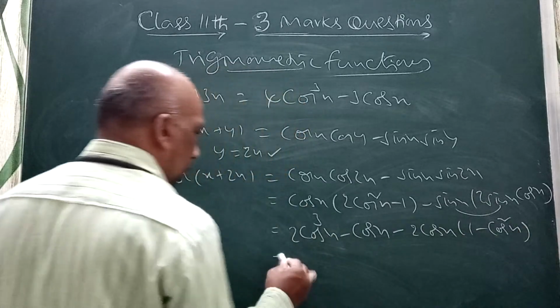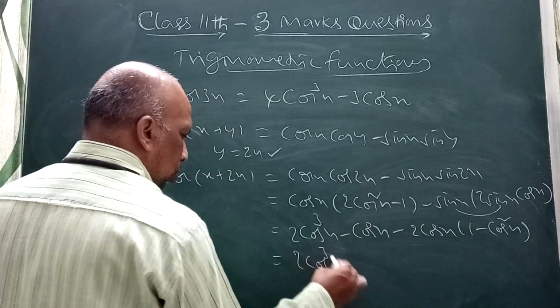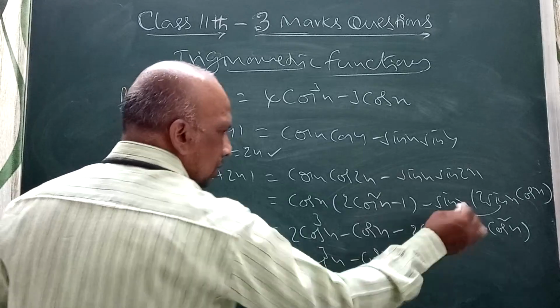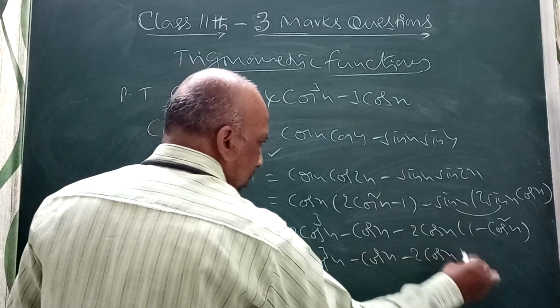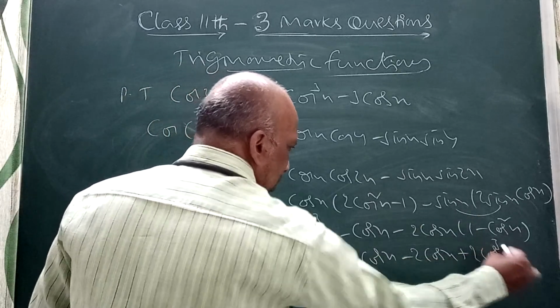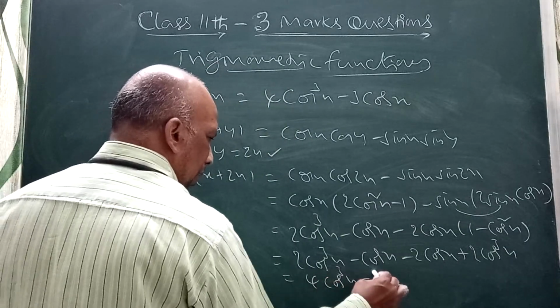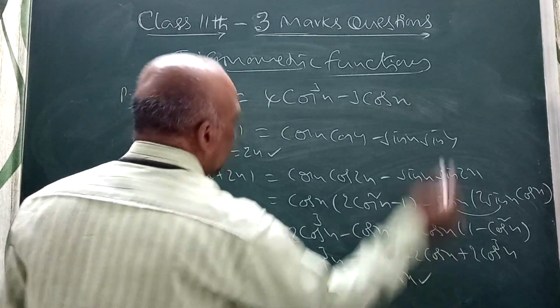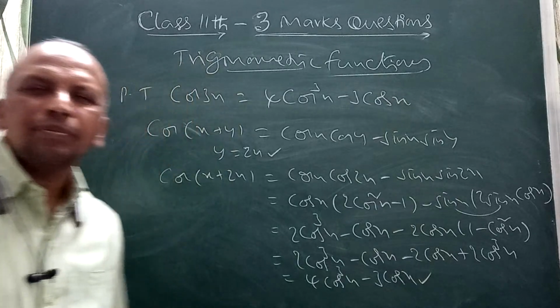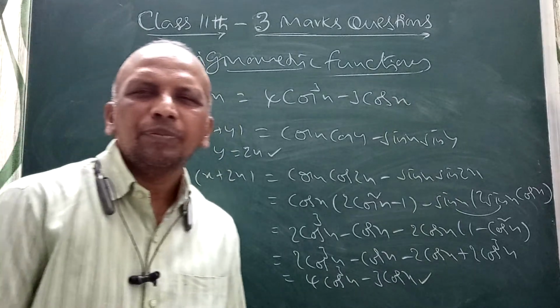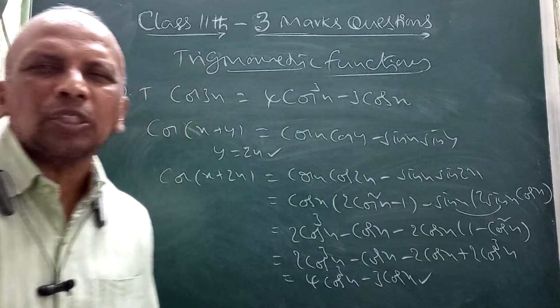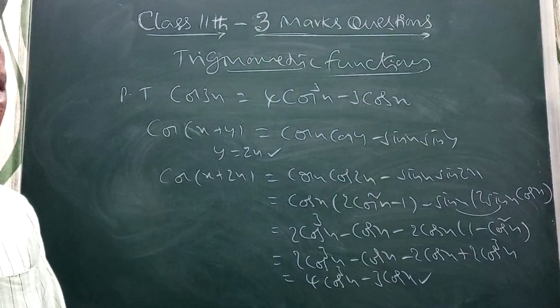That gives 2 cos cube x minus cos x minus 2 cos x plus 2 cos cube x. Check this: 4 cos cube x minus 3 cos x. Correct. This is one of the problems to prove for cos 3x and sin 3x.